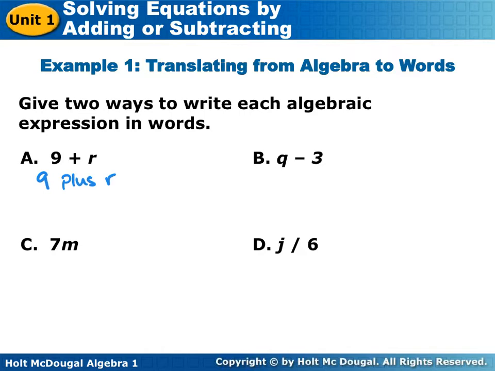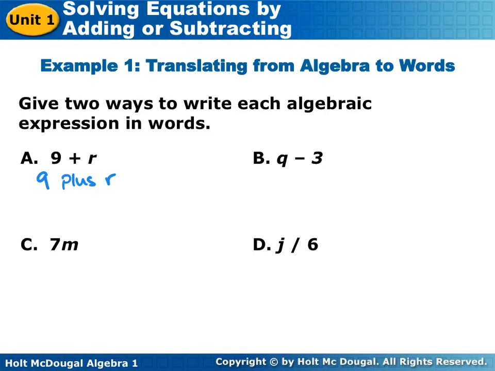All right? Letter B, you have Q minus 3. Do you want me to give you an easy one here or a harder one here? Harder one. Okay? So what words did I tell you to circle on the last one? Underline difference, circle less than. Less than is the harder one because you have to change the order.